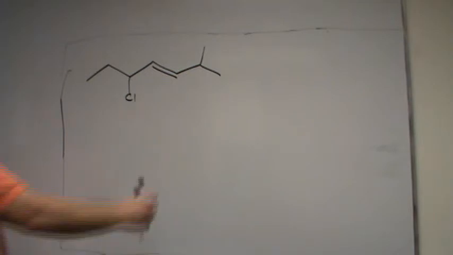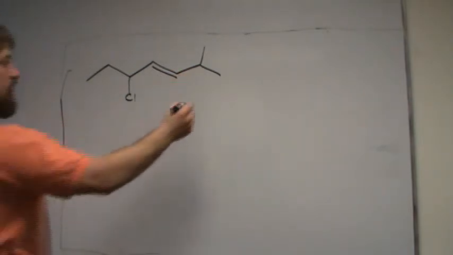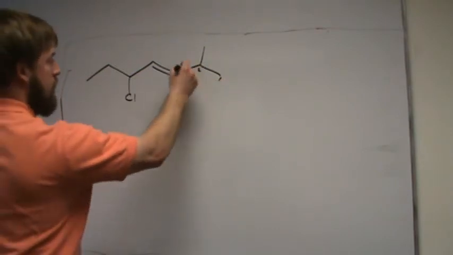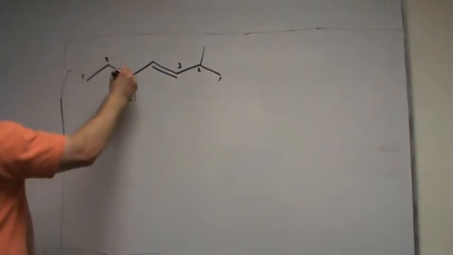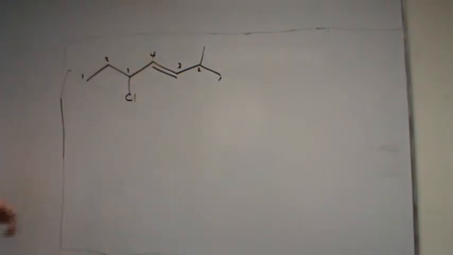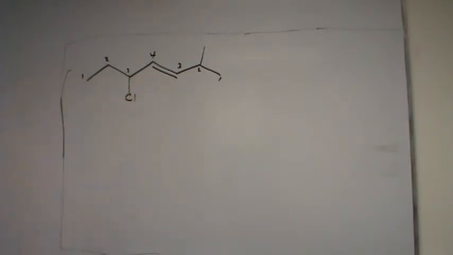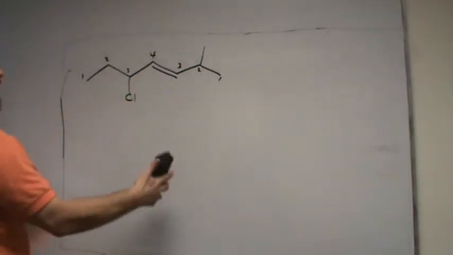Or we start from the right: 1, 2, 3. What determines this is where do we get to the alkene first? 1, 2, 3 here versus 1, 2, 3, 4 there. Remember, the alkene gets priority in numbering over the chlorine. So we're going to number from the right-hand side.